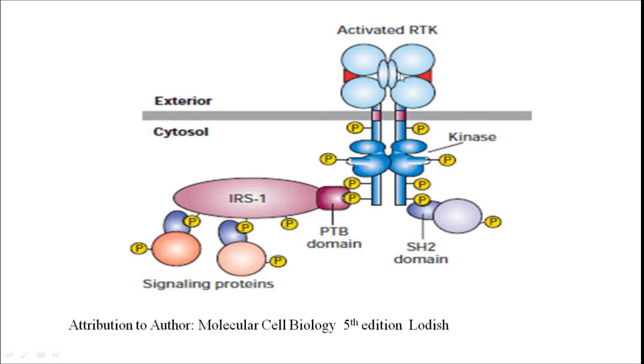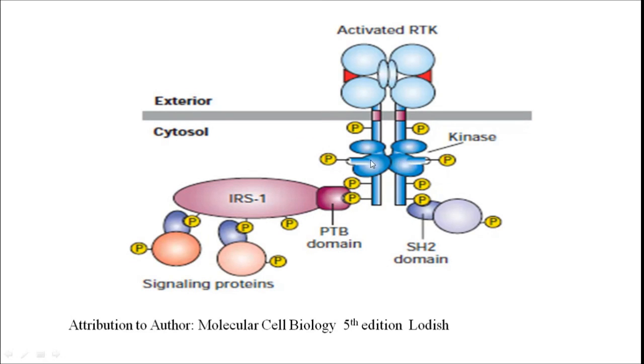Once dimerization takes place, the activation loop of the protein tyrosine kinase comes out. It provides the binding site for ATP. ATP provides a phosphate group, so the ATP is converted into ADP, and phosphorylation of the tyrosine kinase takes place. Once this activation loop is phosphorylated, we can say the receptor tyrosine kinase has been converted into the activated form.